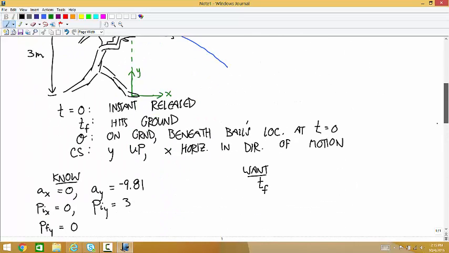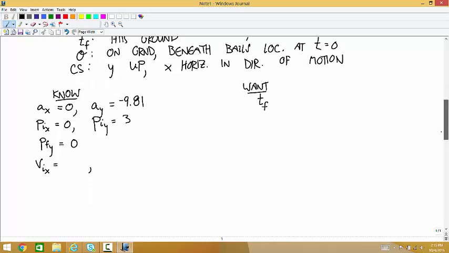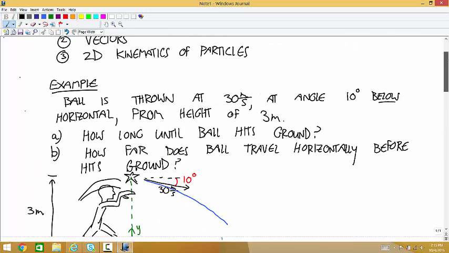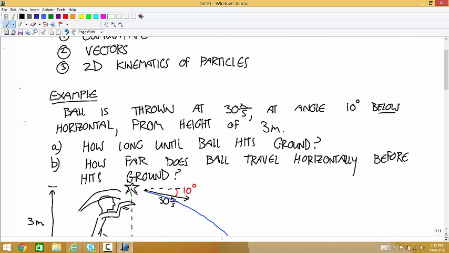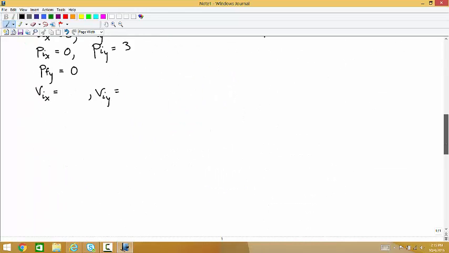So let me draw it over here. This is a picture of the velocity vector at that instant, the black vector. Let me draw it again here. It has a magnitude of 30.